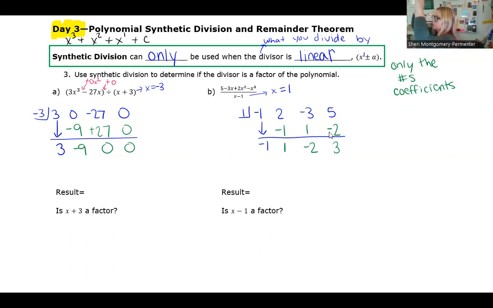So again, you start with the number at the bottom, and then you multiply, add, multiply, add, multiply, add.